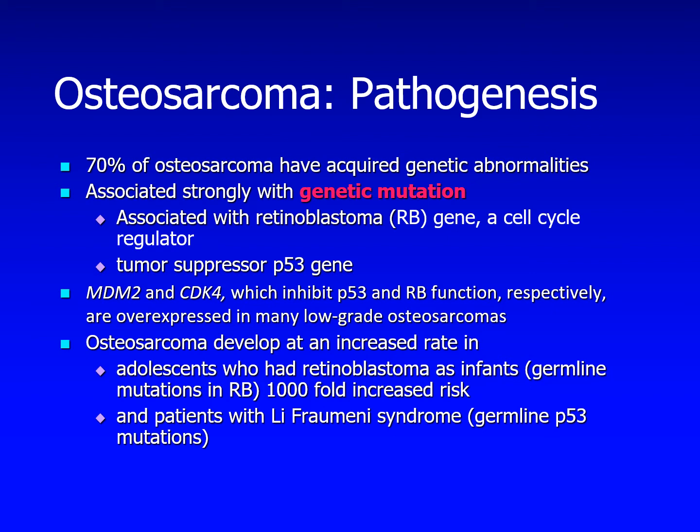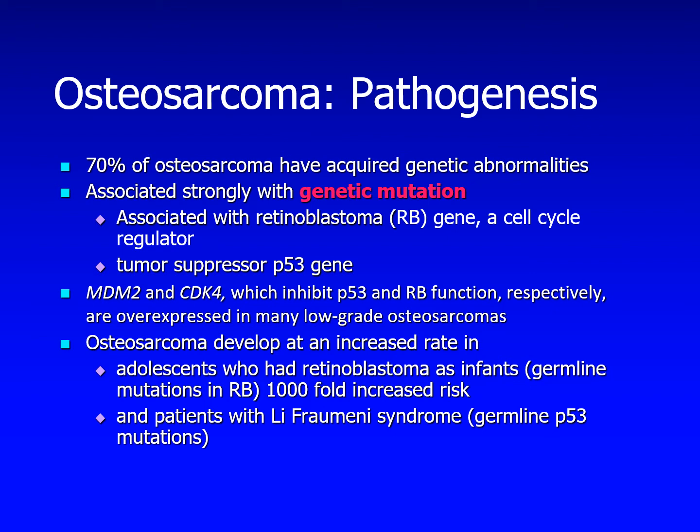They are associated strongly with genetic mutations such as the retinoblastoma gene and tumor suppressor p53 gene. They are also associated with MDM2 and CDK4 genetic mutations, which inhibit p53 and retinoblastoma function respectively.